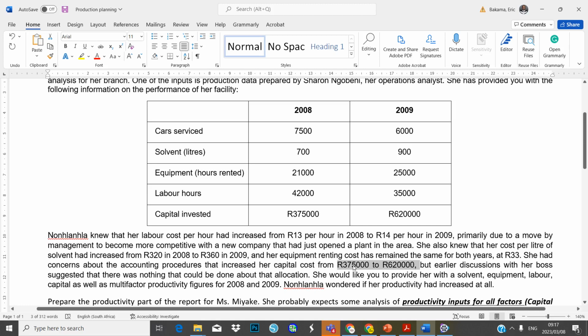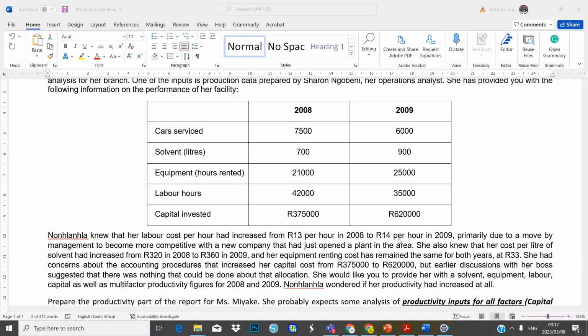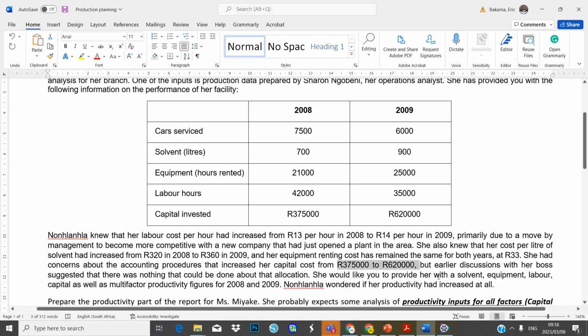So she would like us to prepare the solvent, equipment, and labor productivity figures, as well as a multi-factor productivity figure for 2008 and 2009. Now she is wondering if the productivity increased at all.